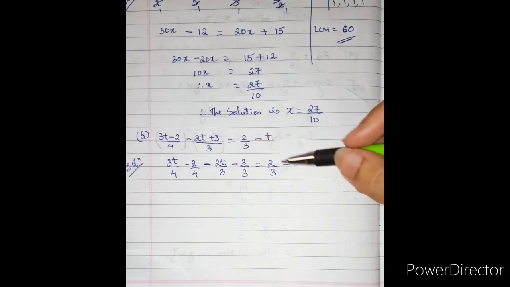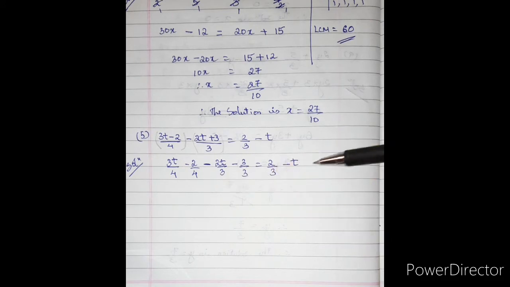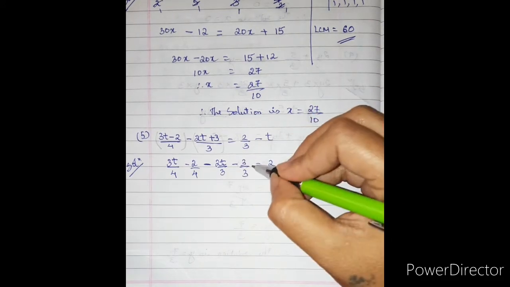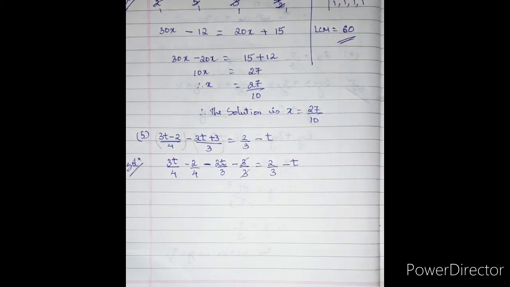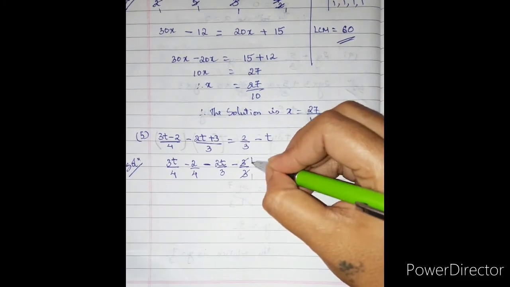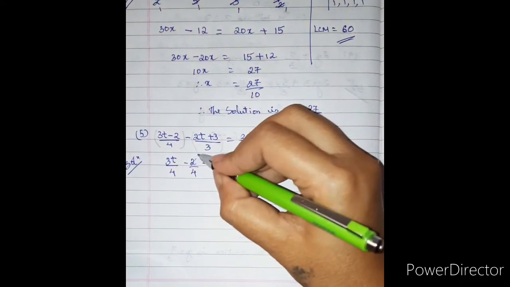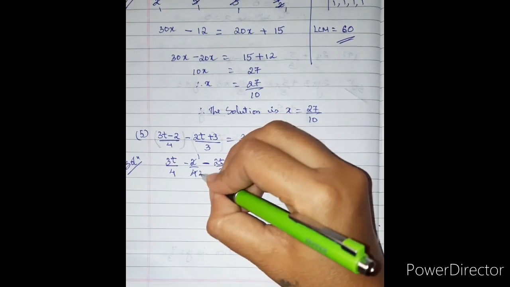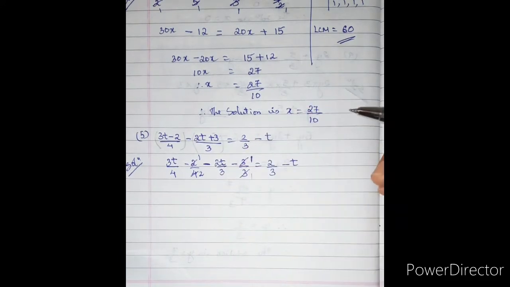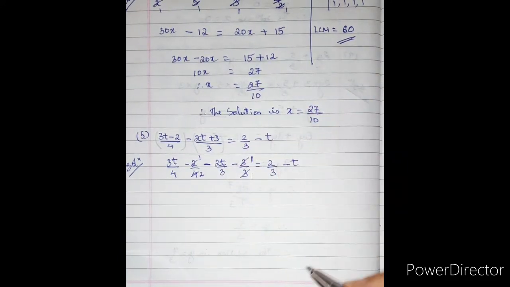Now whatever we can cancel to make the equation smaller, you can do it. Here there is a chance to cancel: 3 ones are 3, so there will be a 1 here, and here 2 ones are 2, 2 twos are 4. So this becomes half here. Nothing else can be cancelled.